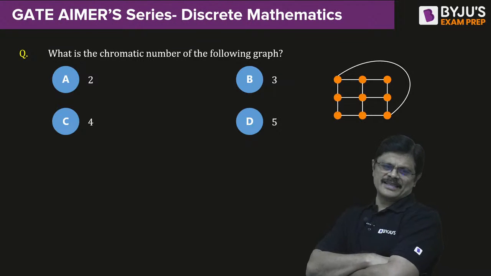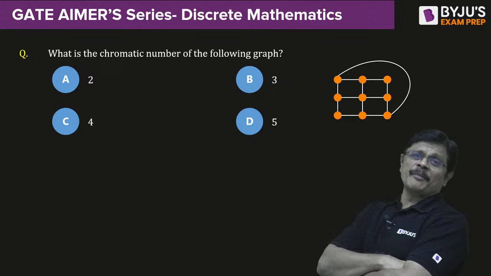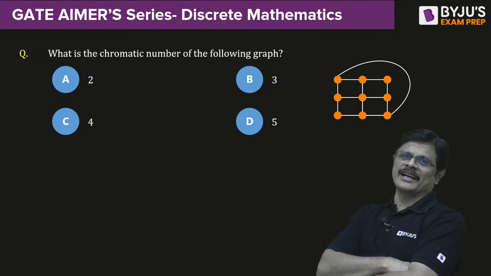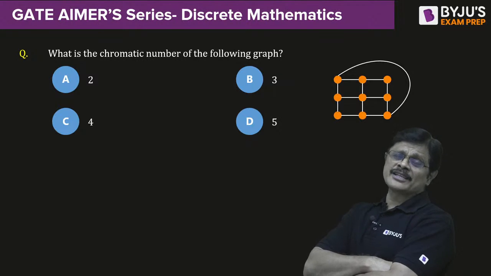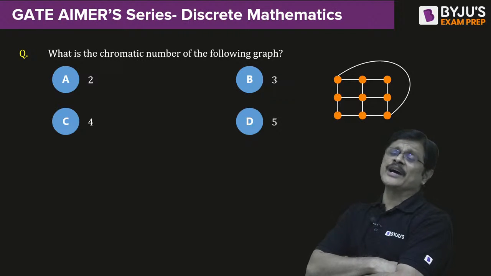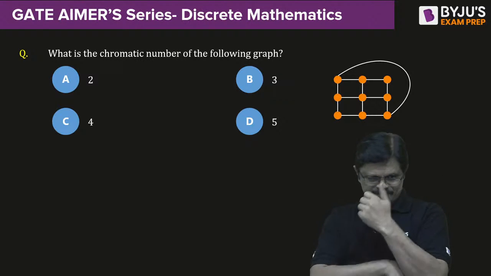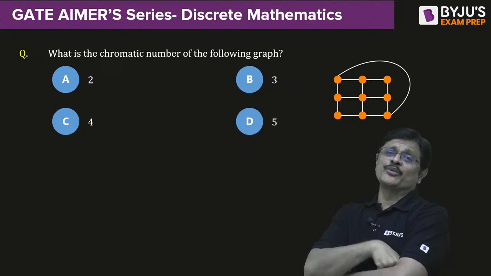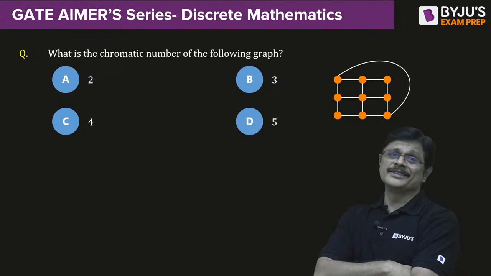Chromatic number means the minimum number of colors with which you can color this particular graph, that is, you can color the vertices of the graph in such a way that no two adjacent vertices have the same color. Try this.